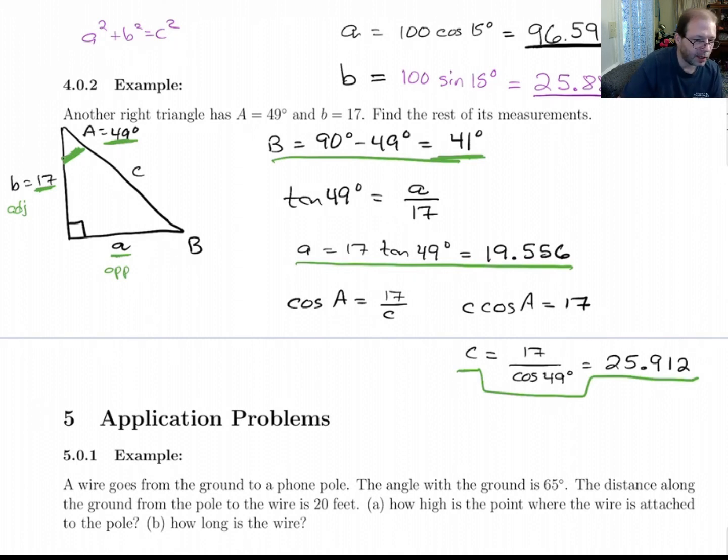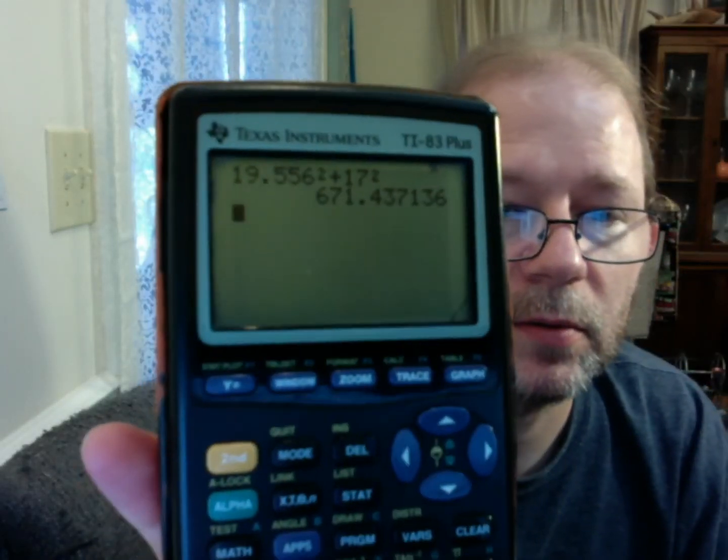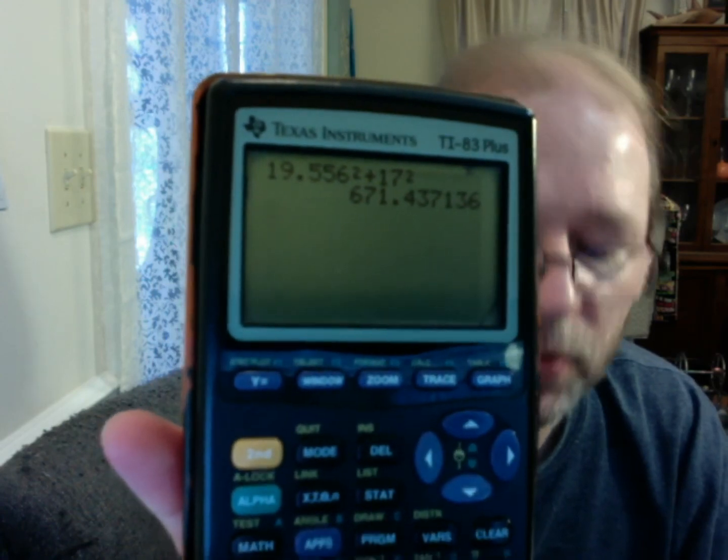So if I put those together, I get a squared plus b squared equals this. Now let's look at c squared. C was 25.912. If I square that, I should get essentially the same number. It's going to be slightly different from round-off error, but it should be very close, and sure enough it is. So that's a good check on our problem that we do have the right answer.